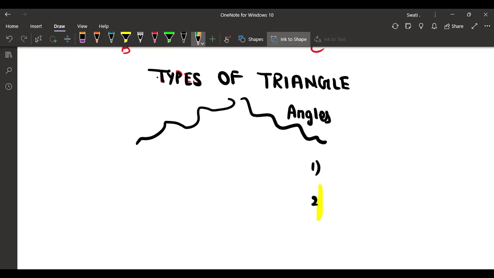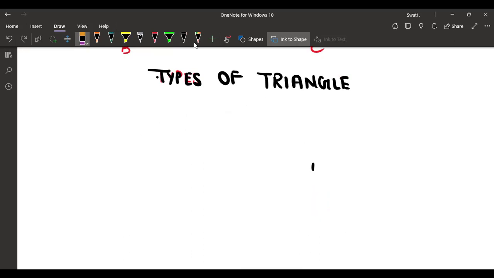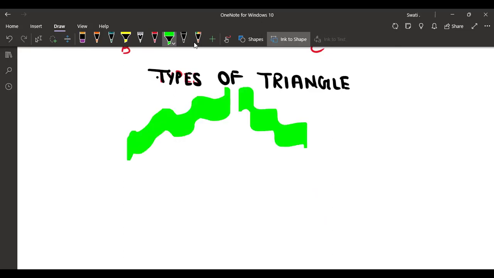On the basis of sides, we also have three types. On the basis of sides, we had done isosceles triangle, equilateral triangle, and scalene triangle. Do you remember that?